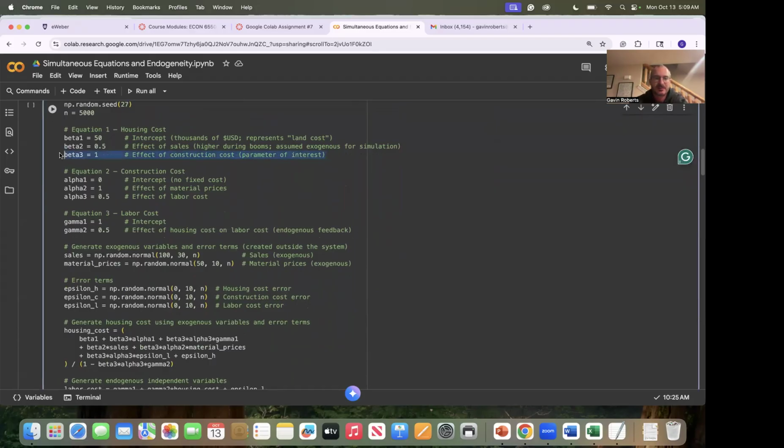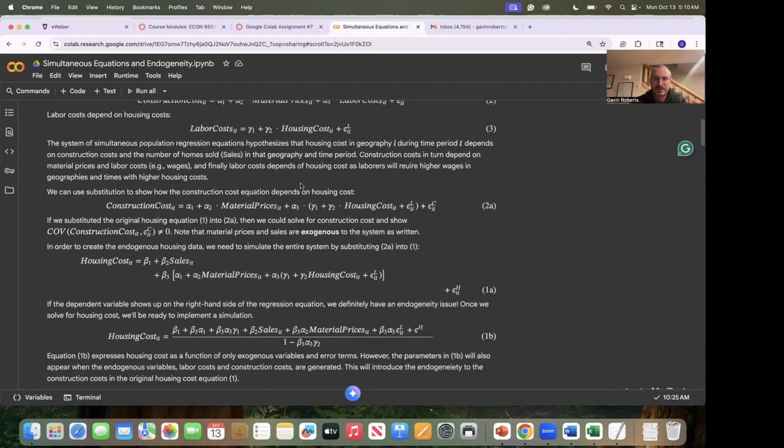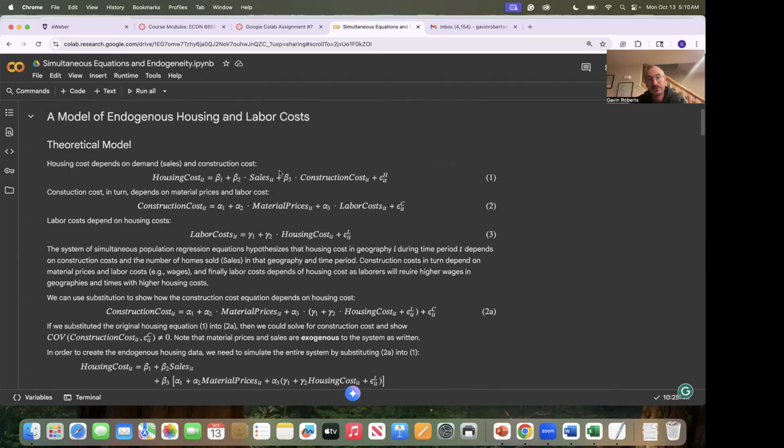This is the parameter of interest right here. We're just setting the effect of construction cost on housing costs. That's the parameter of interest, right? Because we're going to note that we also get bias when we estimate beta 2. That's called smearing, which I mentioned last time. But really the key is we know we're going to get a biased coefficient here.